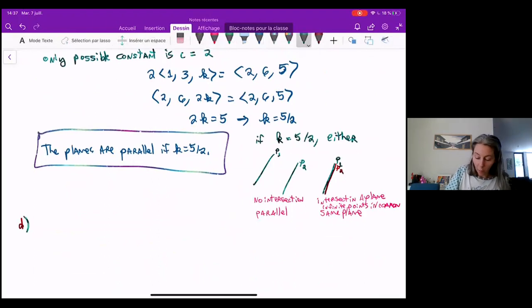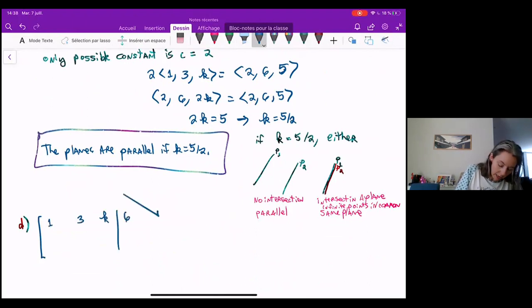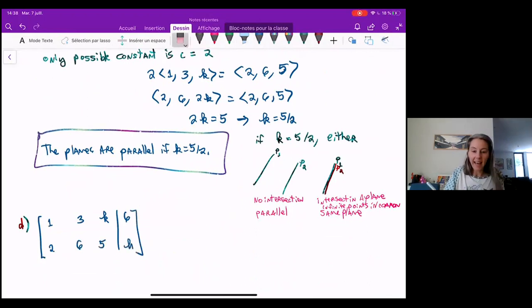So what we would do for a consistency condition question is take the plane equations and stick them into a matrix and then reduce to REF.